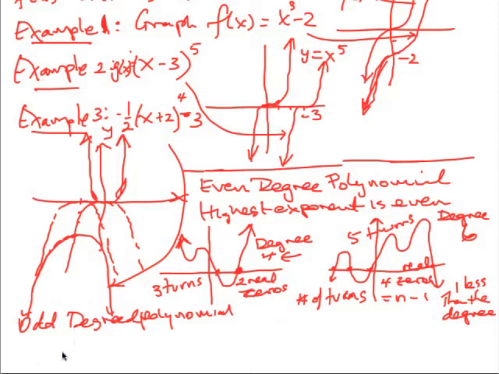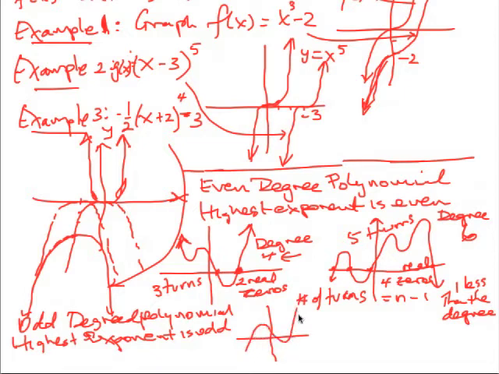So in other words, what we're talking about here is the highest exponent is odd. Say it's power of 1, power of 3, power of 5, power of 7, and so forth. Now we have a couple of scenarios that can happen here. Let's suppose we have degree 3, then we would end up with something that looks like this.